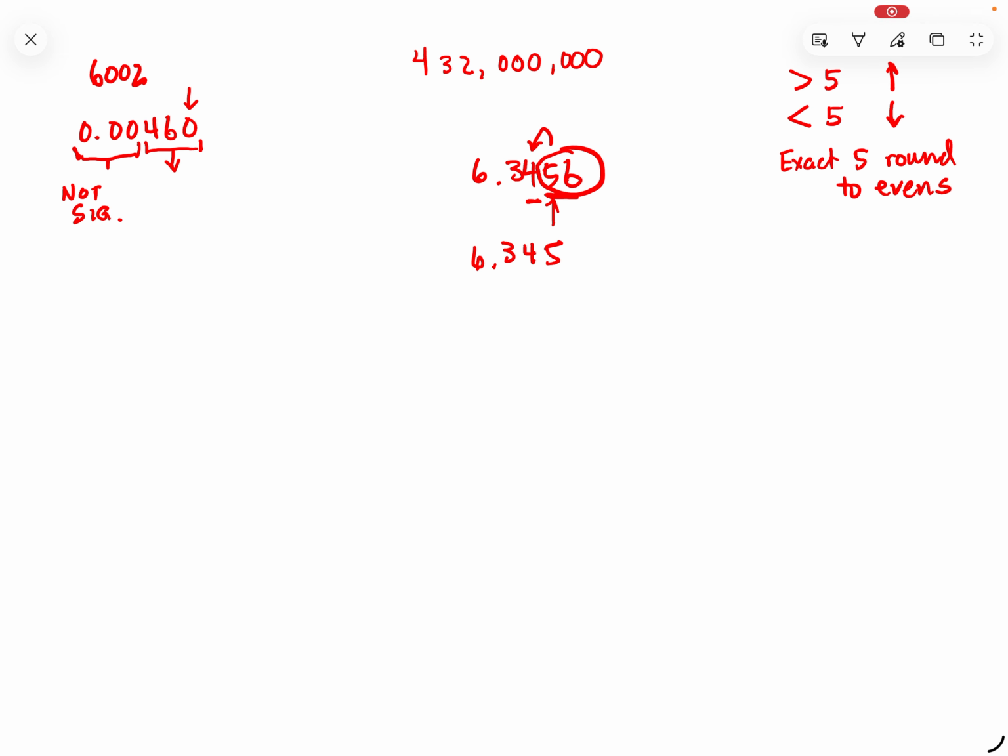So we have 17.098 plus 16.4. If we're looking for decimal place positions, we can see that the tenths position is the place. So that's where we have to round to in our final answer.